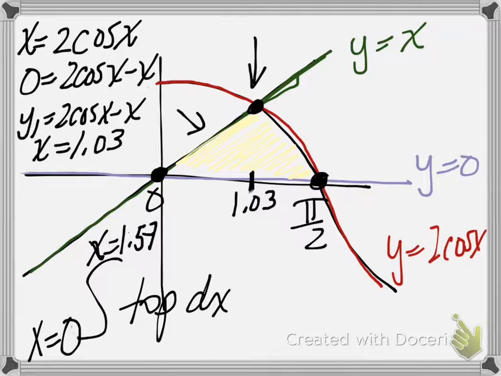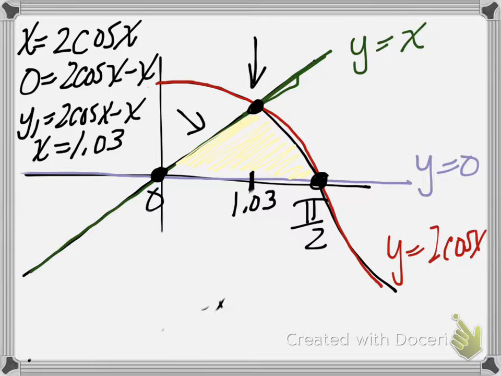Okay, so I think we're ready now to put all this together. So I'm going to erase all this. Let's get a different color for you. Okay, so the first piece is going to go from 0 to 1.03. The top function is the green one, which is just x, minus the bottom function, which we already determined is 0 dx.